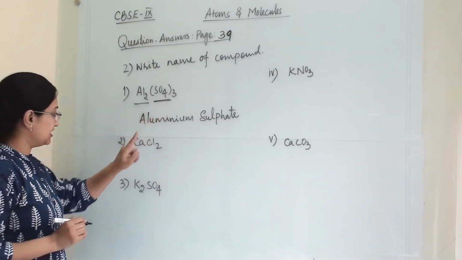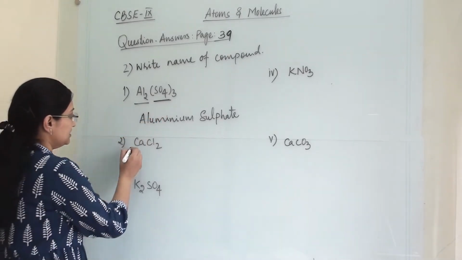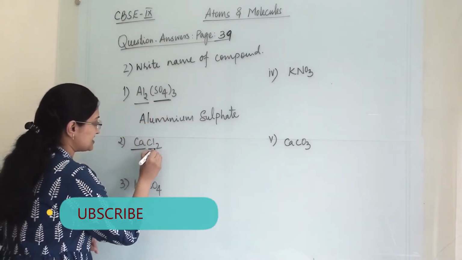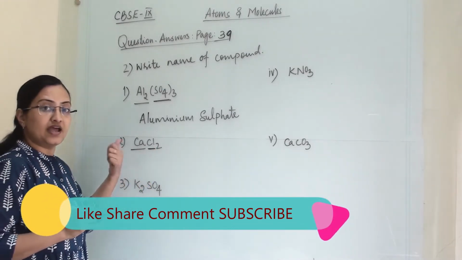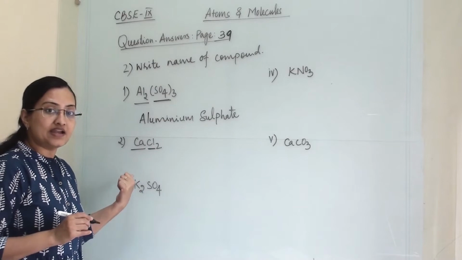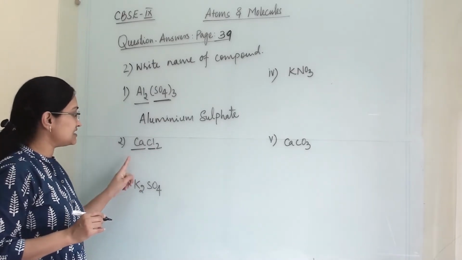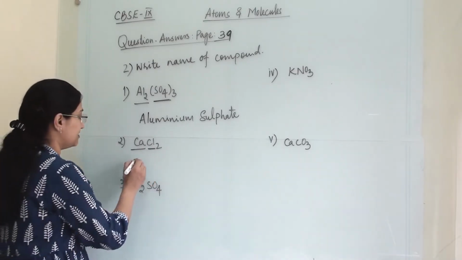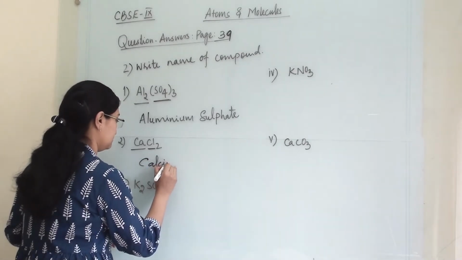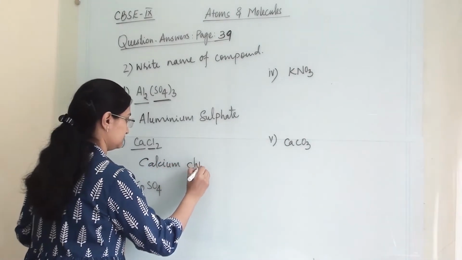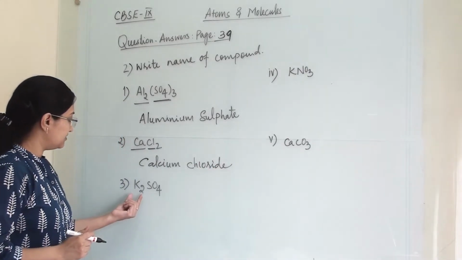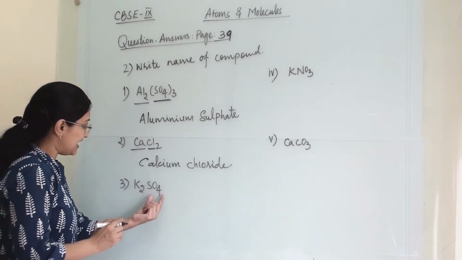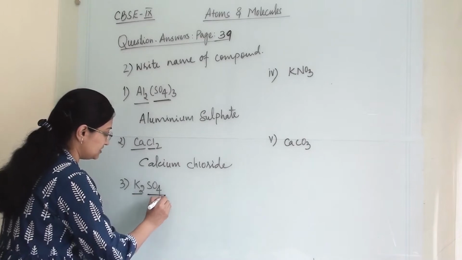Aluminium sulfate. Then second, this is calcium and this is chlorine. But when it is attached with one atom as a chloride ion, then the name is calcium chloride. Now the third one, potassium and sulfate. This is potassium, this is sulfate.